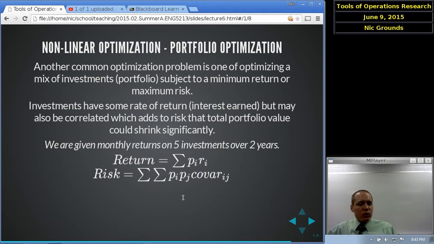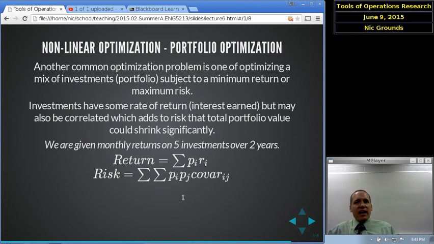Now the risk gets a little more tricky. Risk involves basically pairing up every 2 investments and figuring out if they're correlated or not. It's something called covariance, which basically says if one of these goes up, does the other one always go up, or maybe does it always go down? We can compute how correlated they are.